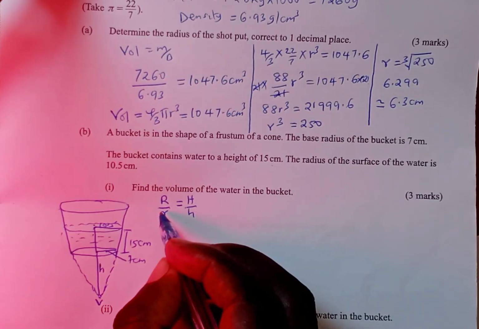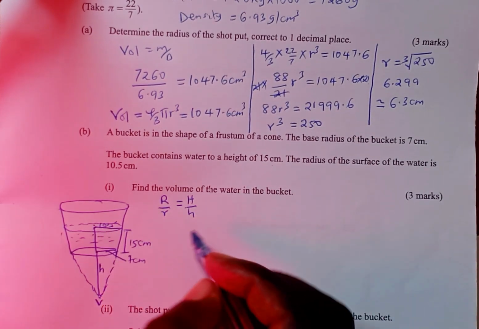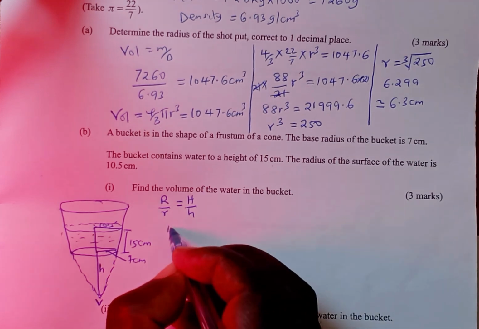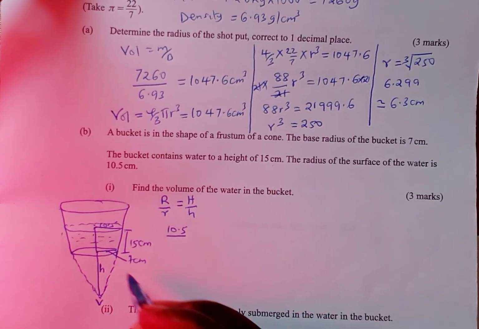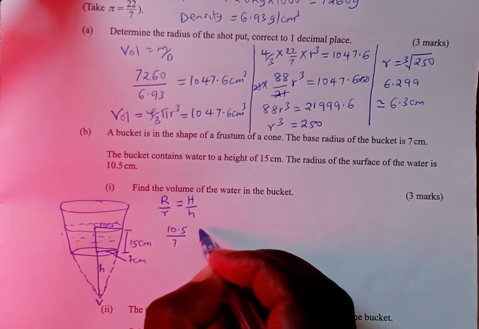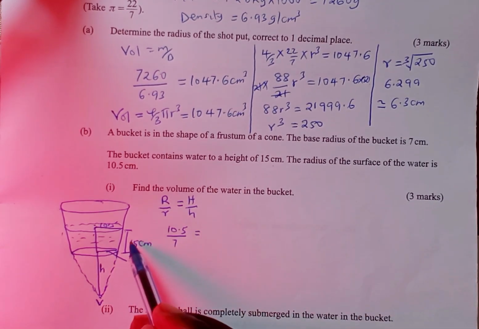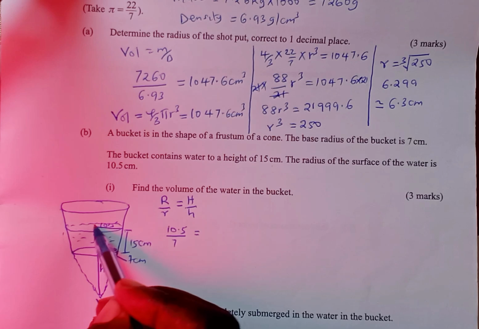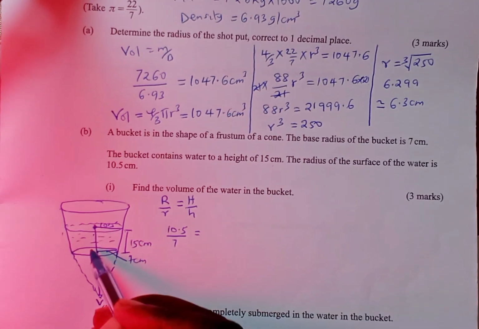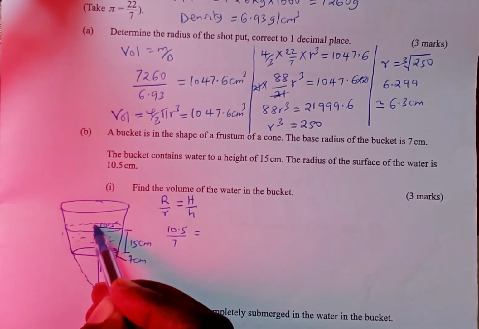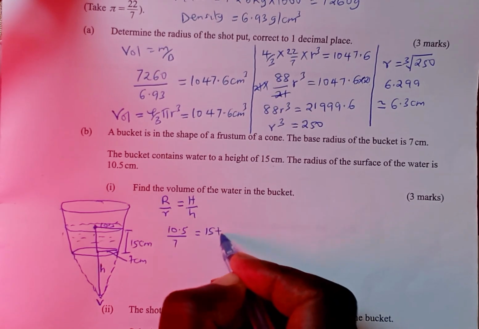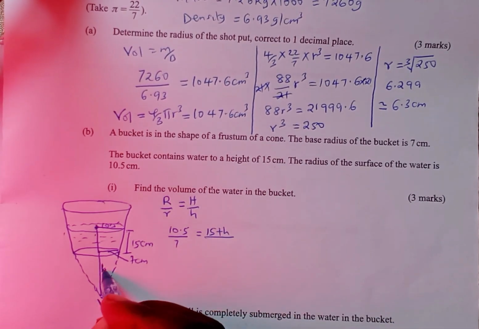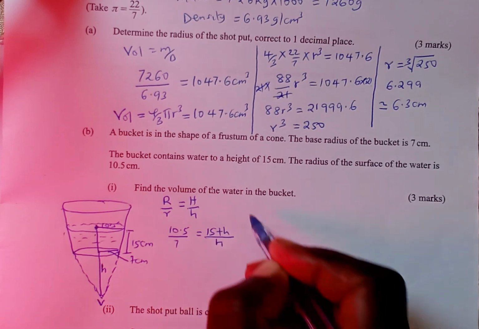The bigger radius has been given, that is the radius of the water surface, as 10.5. We divide by the smaller radius, which has been given as 7. This would give us the bigger H, which is from this point up to this point. We have 15 plus h divided by the smaller h, which is simply h.